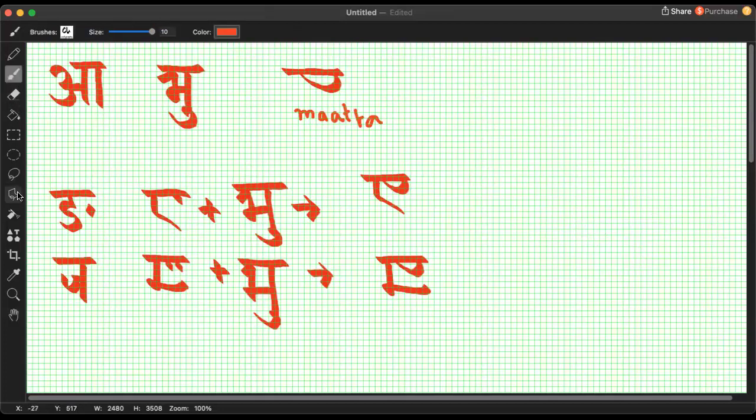All right. So the next alphabet is T. We know this is Devanagari T. In Sharda, T is written like this.